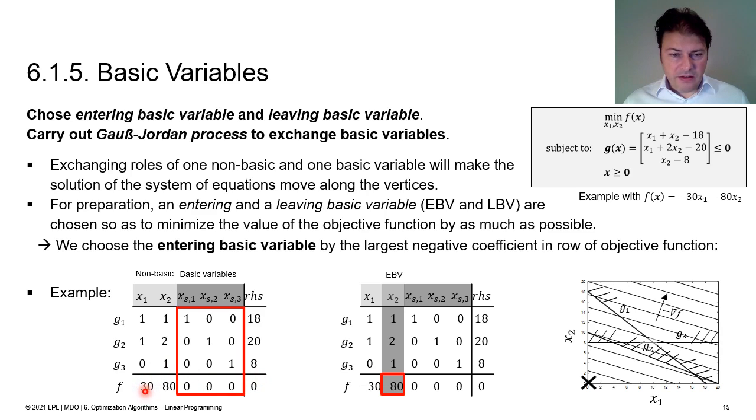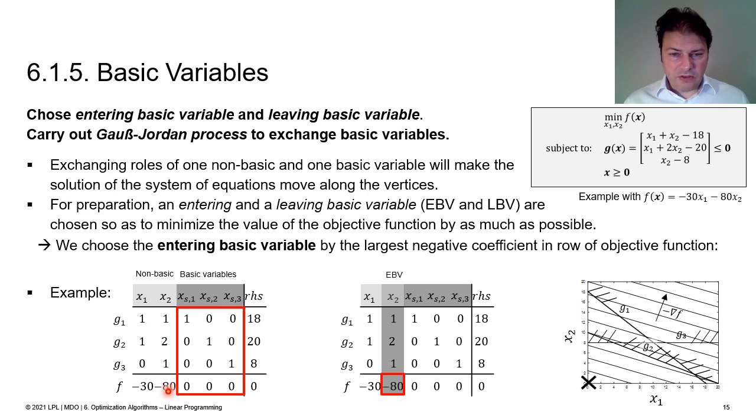In this line, we can see that the coefficient of the objective function for the first design variable is negative, saying that if you go down x1, going down this coordinate direction, you will decrease the value of your objective function, which is nice because we want to minimize the objective function.